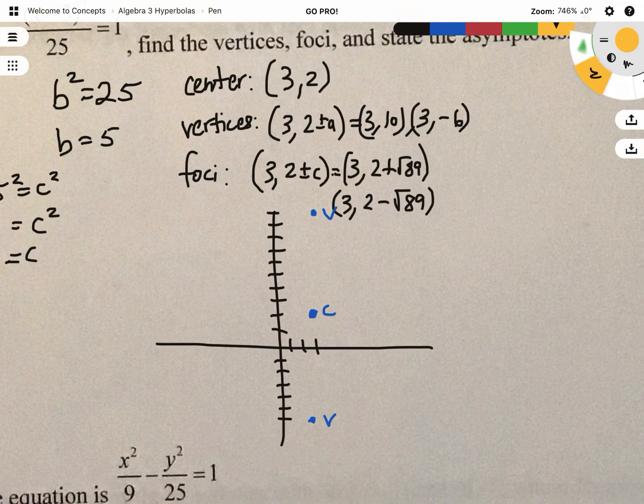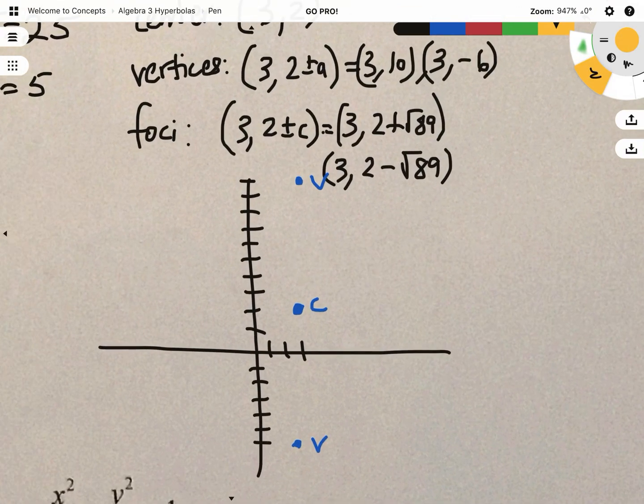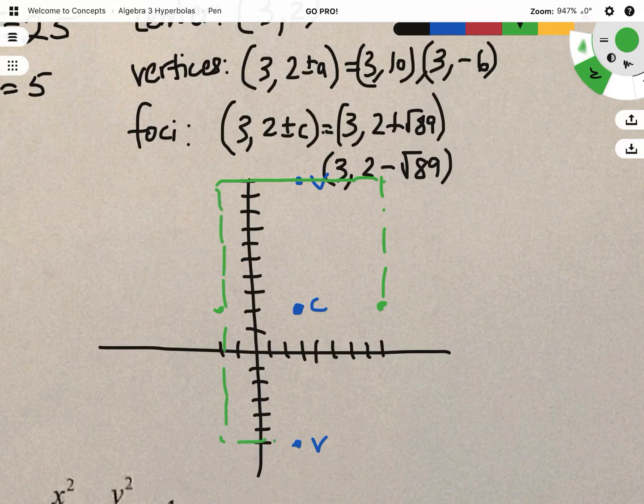All right, so b was 5, so we want to go 5 units horizontally. So we need a 1, 2, 3, 4, 5. Let's use green here since this isn't part of our graph technically. 1, 2, 3, 4, 5 here. So now we can kind of make this box here.